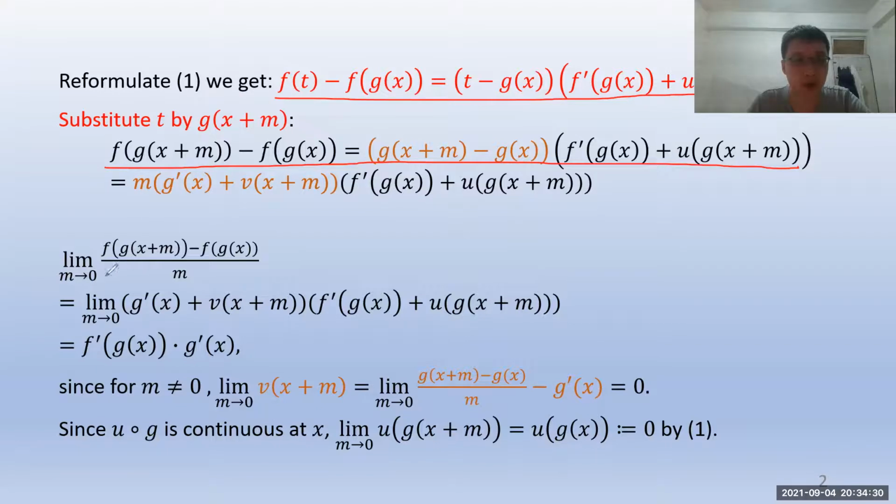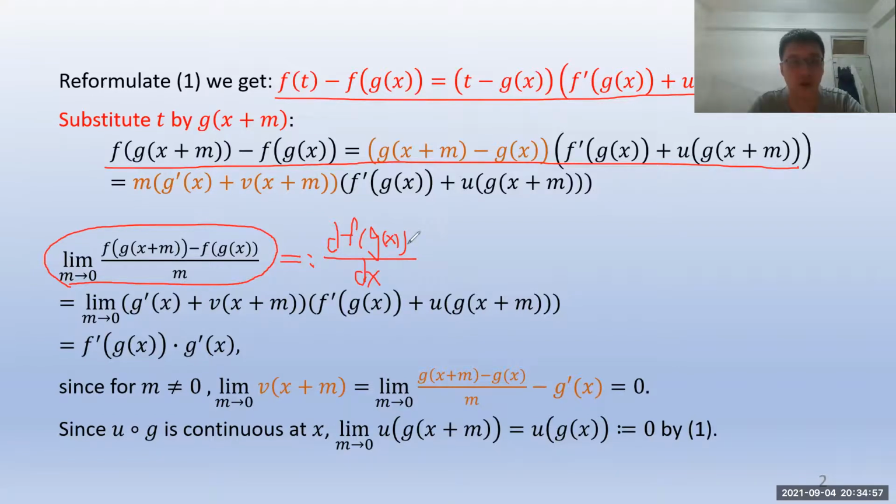Because in the next step, we want to find the limit of this quotient. Since this is by definition df(g(x)) over dx, this is by definition the derivative of the composite function f circle g at x.